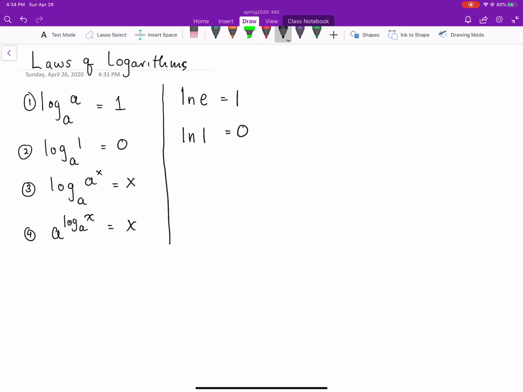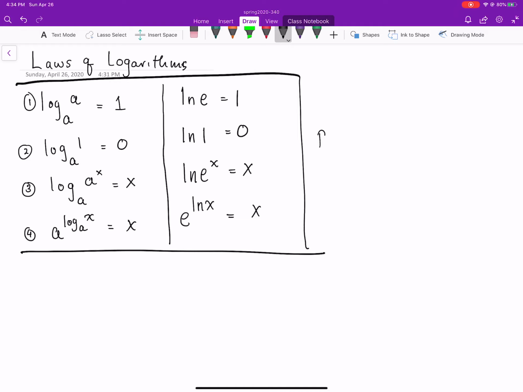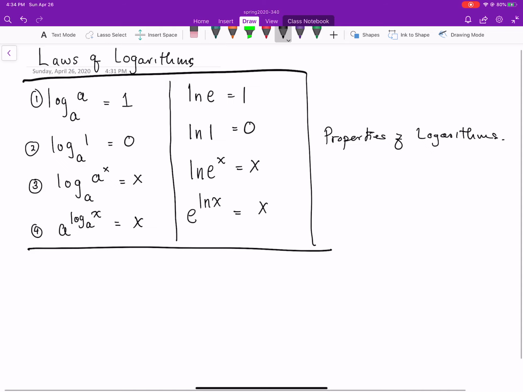And then we are saying ln e to the x is the same as x, and e raised to the ln x is the same as x. So these were the 4 properties of logarithms.